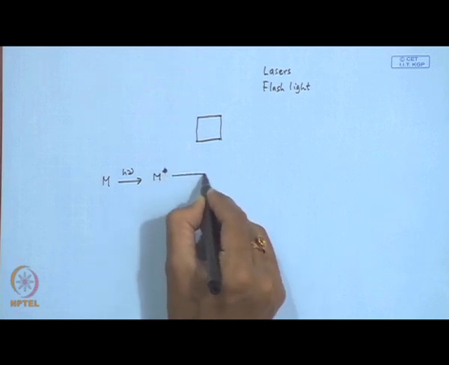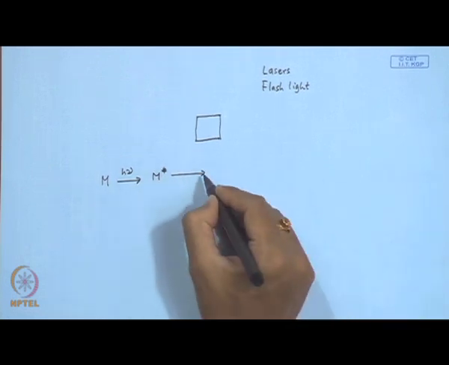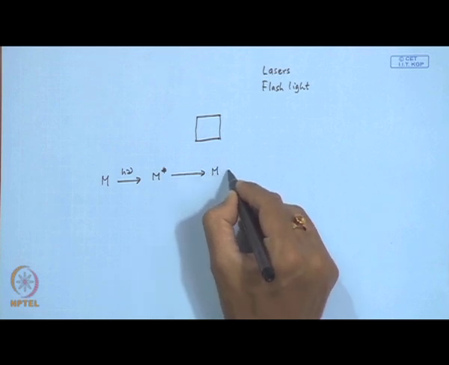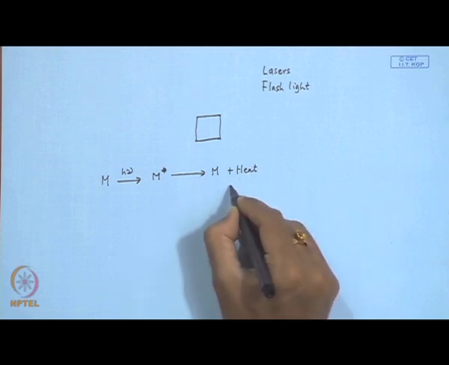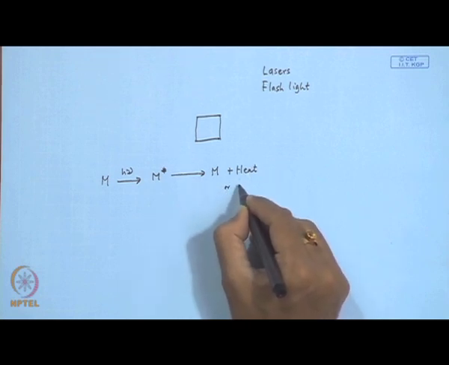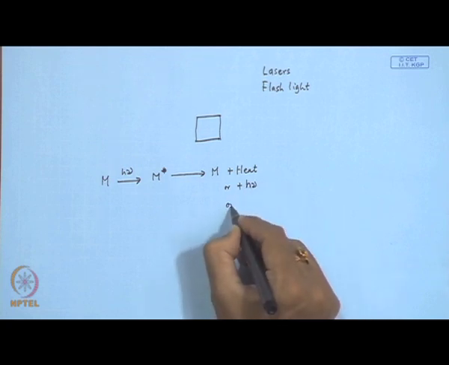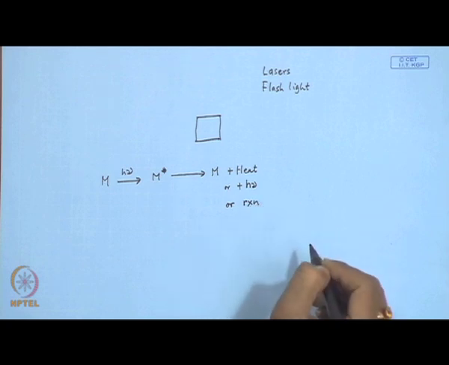it undergoes further reaction. The reaction may be photophysical, maybe some M and maybe heat, or maybe a photon, or maybe some chemical reaction. So chemical reaction is also possible.